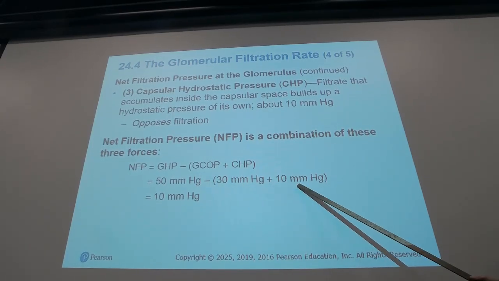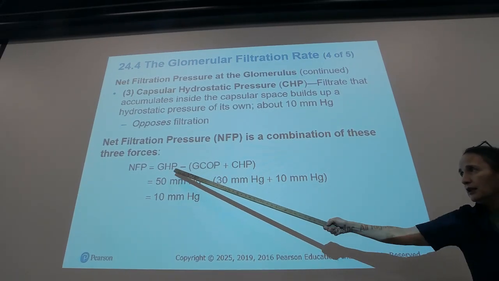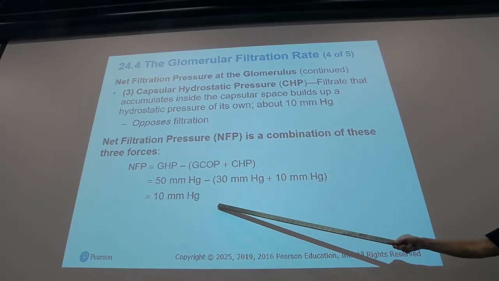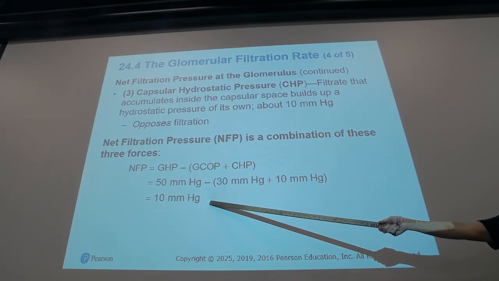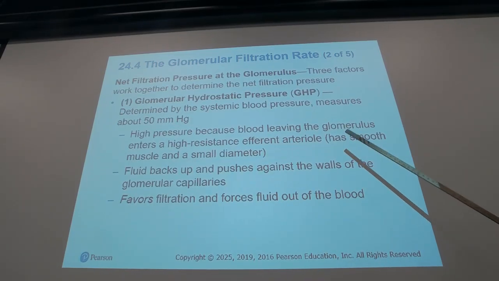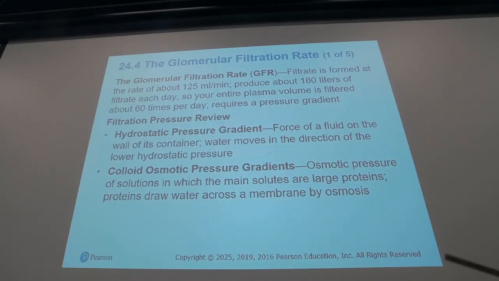So they will be 30 plus 10, 40, and then 50 of the glomerular hydrostatic pressure minus 40, that gives you 10 millimeters of mercury. That will be the NFP, net filtration pressure. With that 10, that's where you form your 125 milliliters of filtrate per minute. That's your GFR.